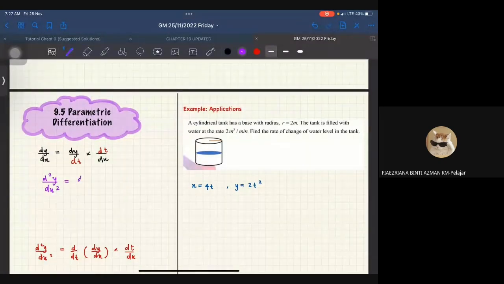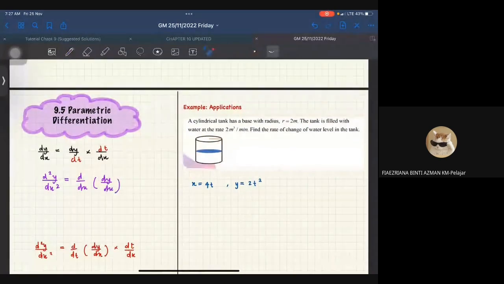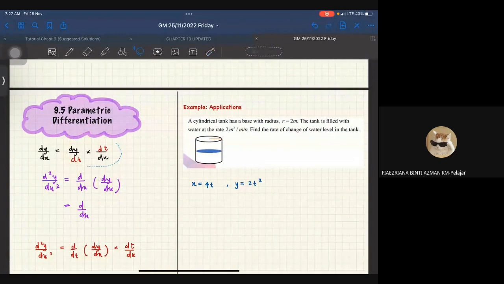So meaning that I need to find d dx of dy dx. This one. Okay, so saya kena differentiate my first derivative. Okay, so first derivative kita, dia dah ada formula dia sendiri tadi. So saya just substitute je balik. So I have d dx and then dy dx saya adalah sama dengan semua ini. So saya ganti masuk.